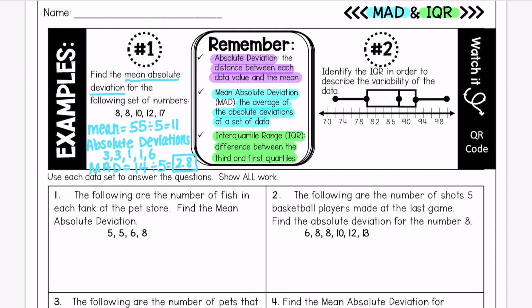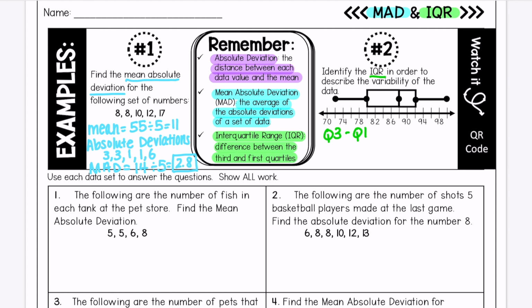Now if we look over here on the right, with the IQR, we're describing how spread out the data is, but this time we're using the median and the quartiles. We want to know quartile 3 minus quartile 1. And this will tell us how spread out the data is for 50% of the data.